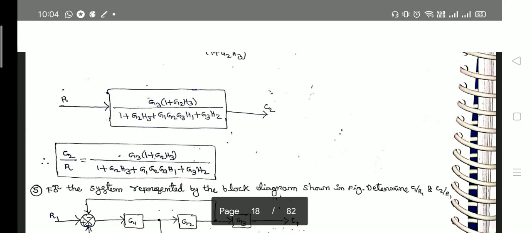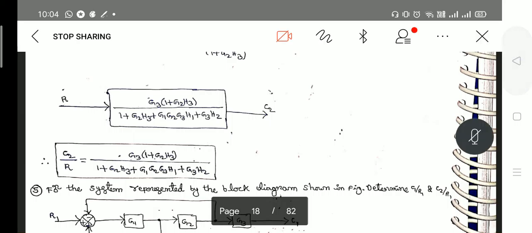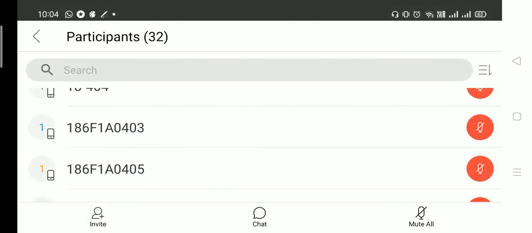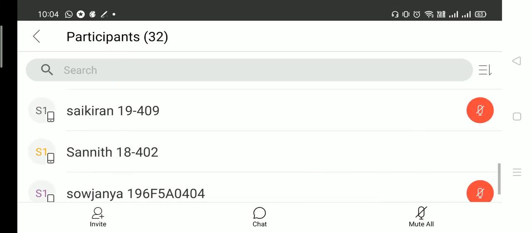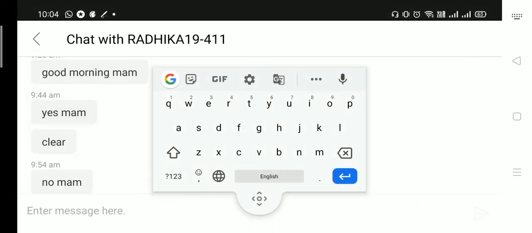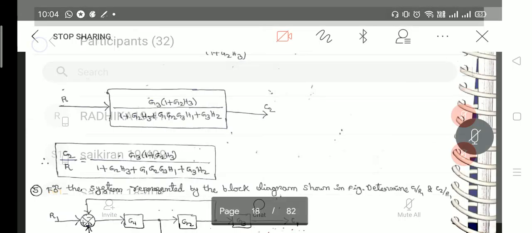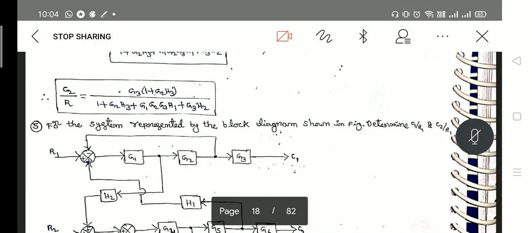Any doubts from here? Anyone having any doubts? Are you clear on these block diagram reduction techniques and problems?